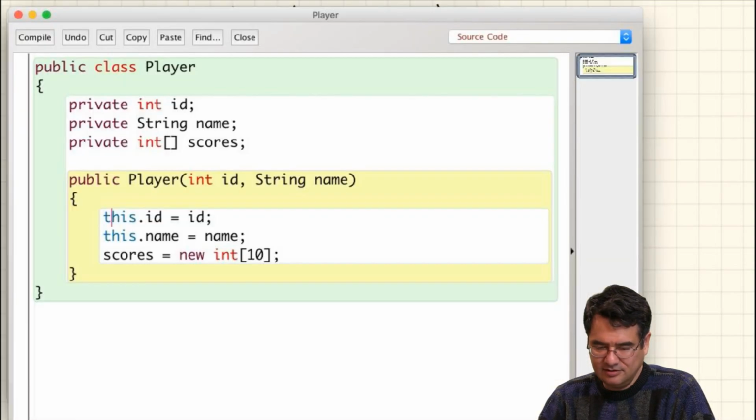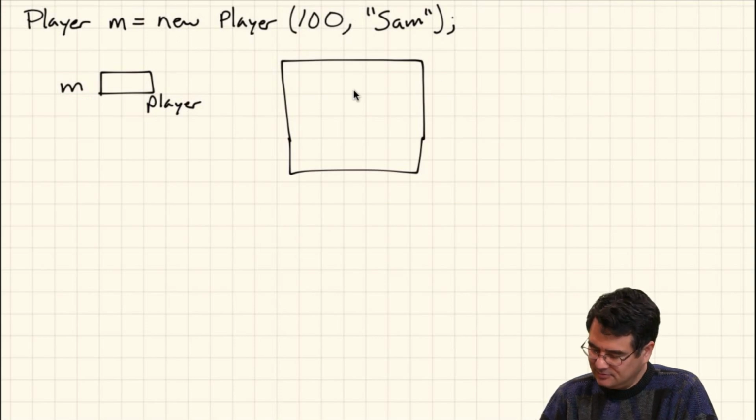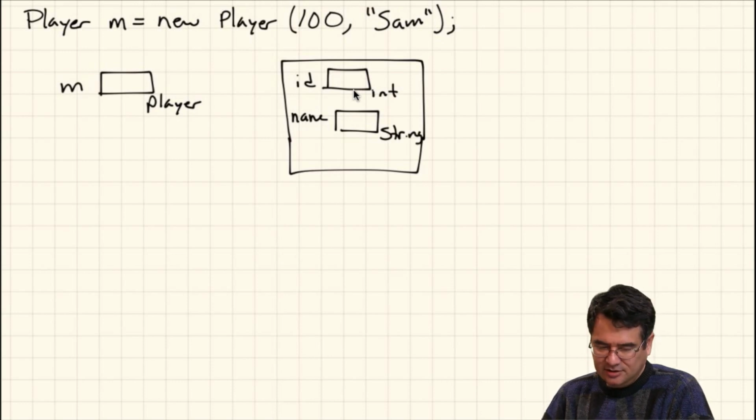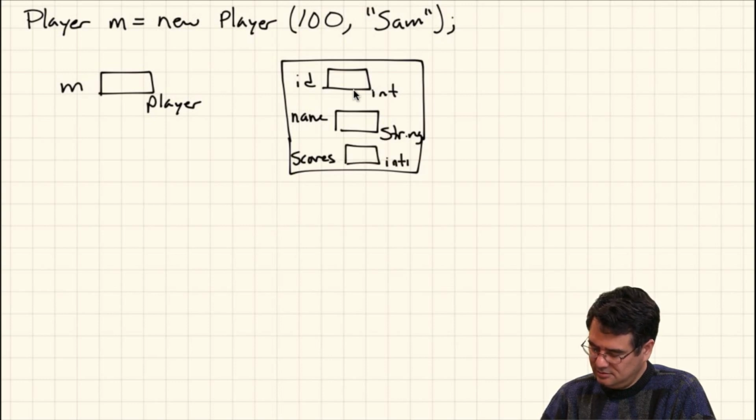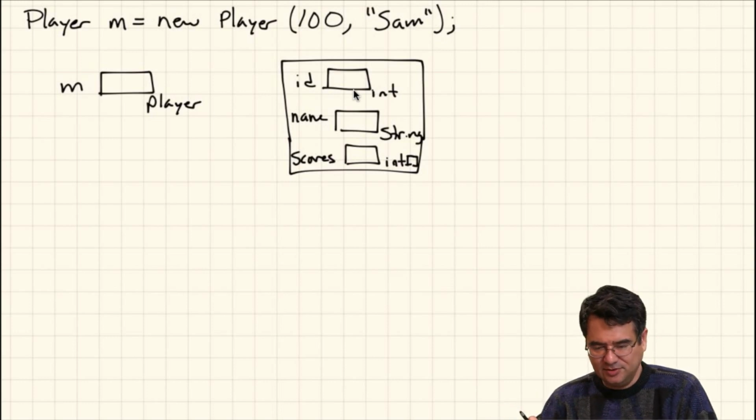Well, let's look at the class again. There's an int called ID, a string called name, and an int array called scores. So we're going to have a box called ID that stores an int, a box called name that stores a string, and a box called scores that stores an integer array.